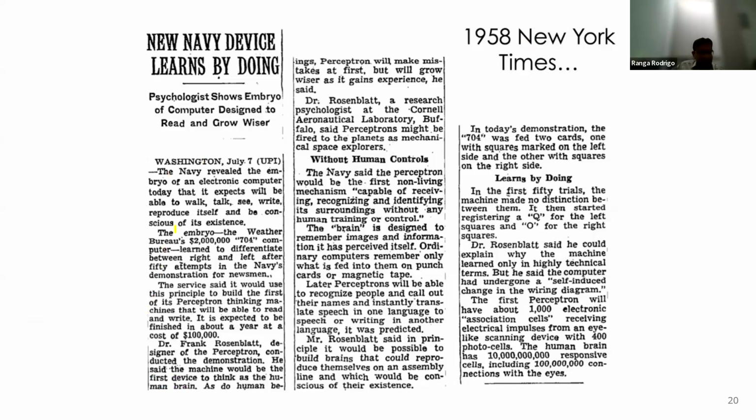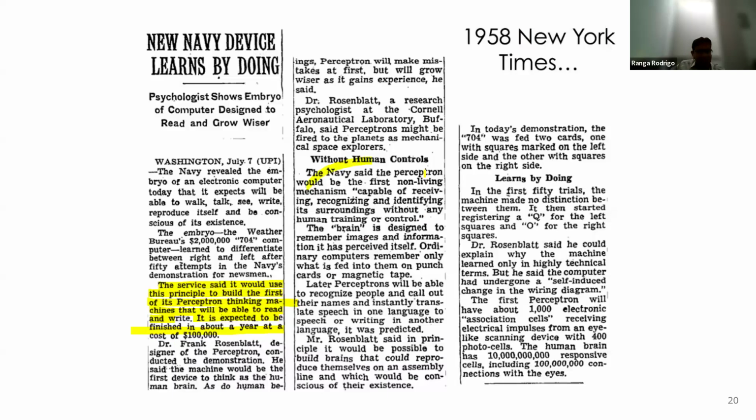Okay, the embryo, they call it the embryo, the weather bureau computer learned to differentiate between right and left after 50 attempts in the Navy's demonstration for newsmen. The service said it would use this principle to build the first of its perceptron thinking machines that will be able to read and write. It is expected to be finished in about a year at a cost of about $100,000.